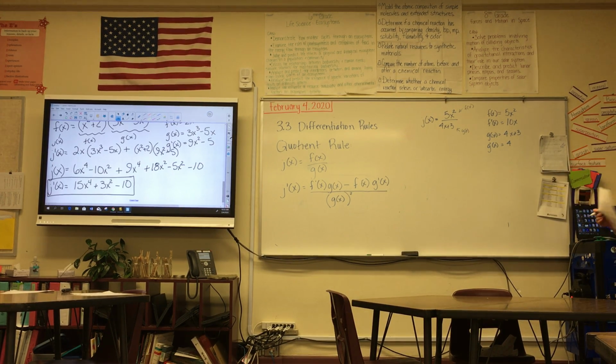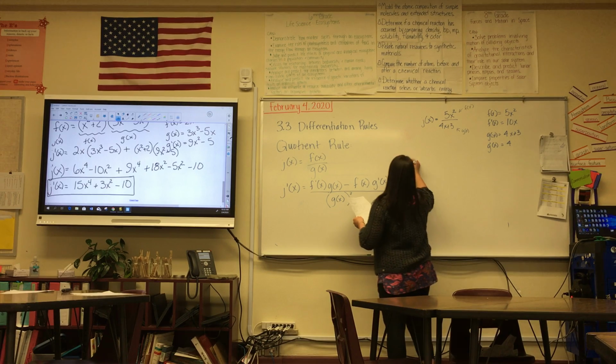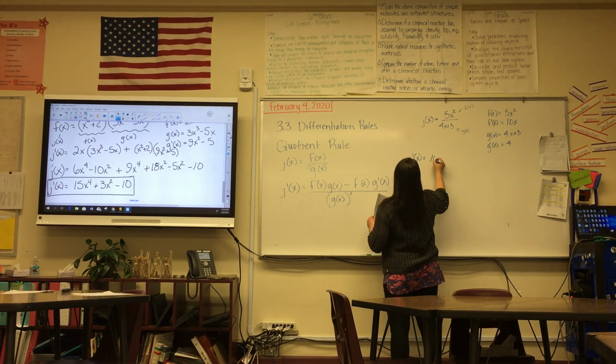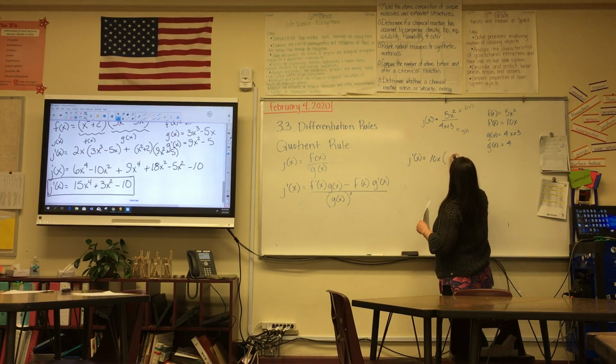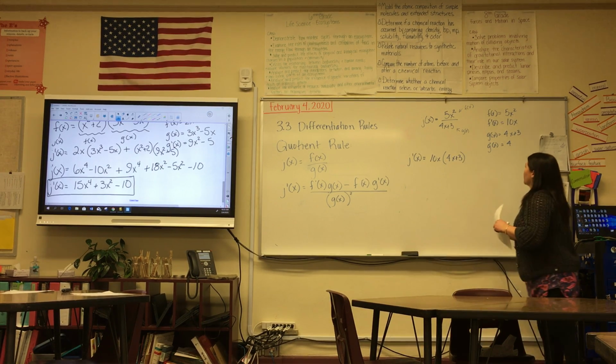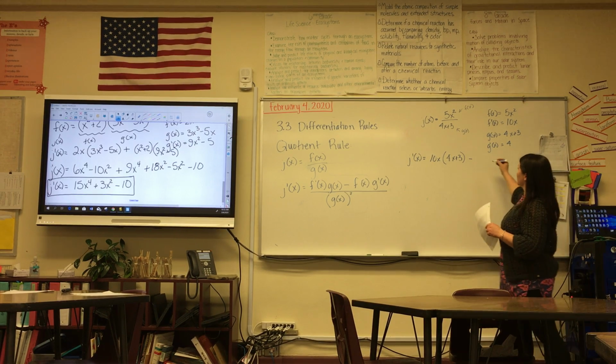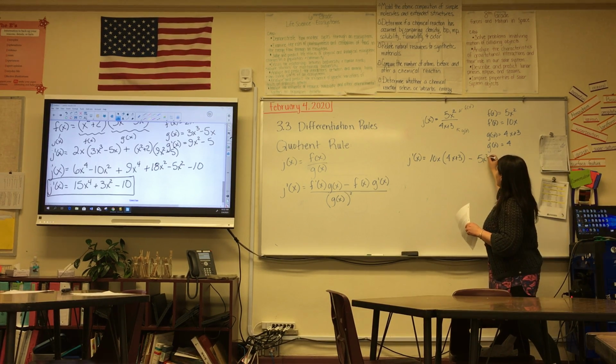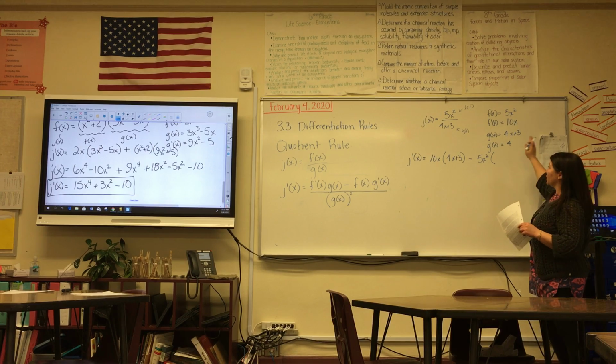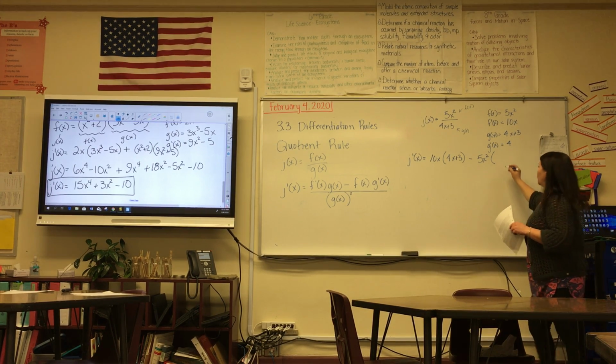Now I can put them into my format. So I'm going to start with f prime of x, which was 10x, and multiply that times my original g of x. Then I'm going to subtract my original f of x, 5x squared, times the derivative of my g of x, which was 4.